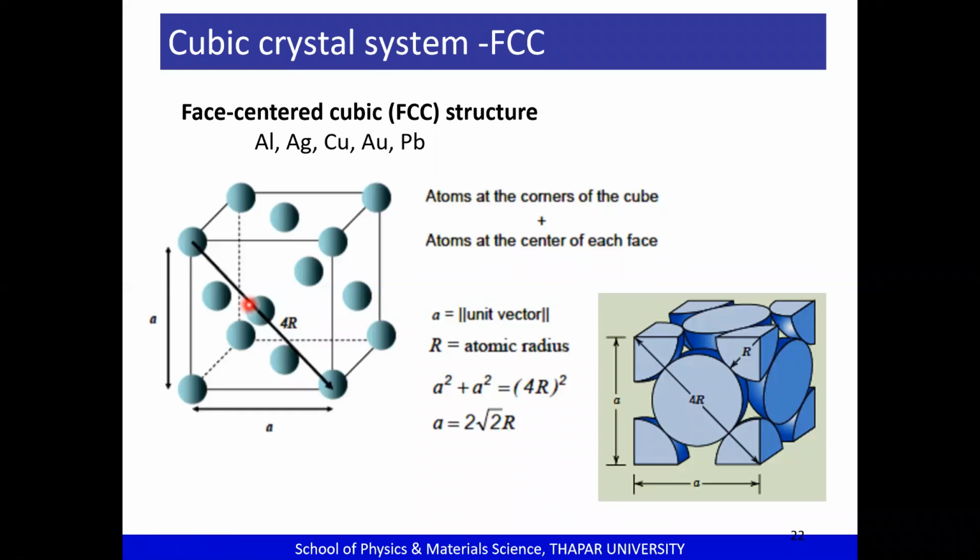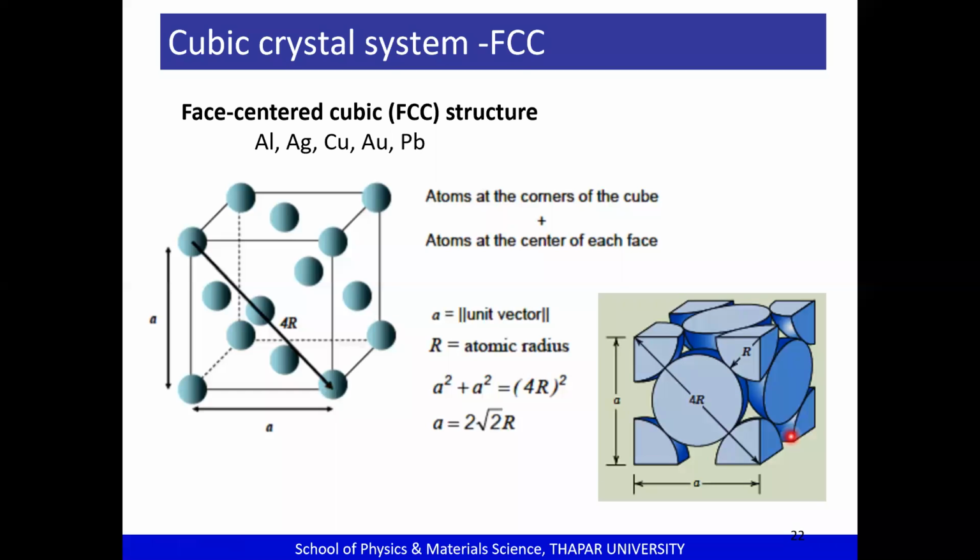Now, I have 2 different representations, the representation on the left and the representation on the right. The representation on the right is called the closest packing approximation, where we assume that every atom is in physical contact with each other.